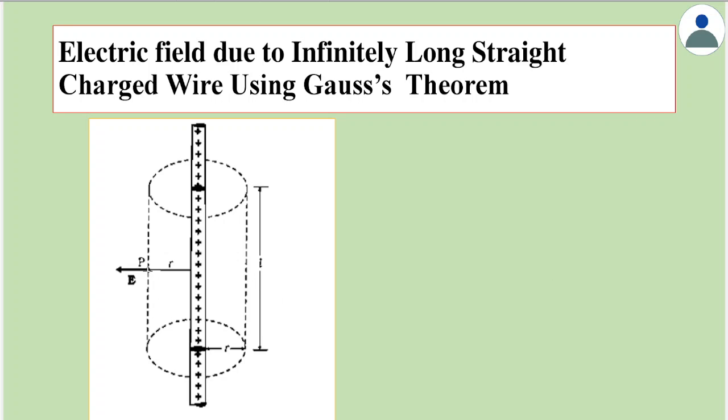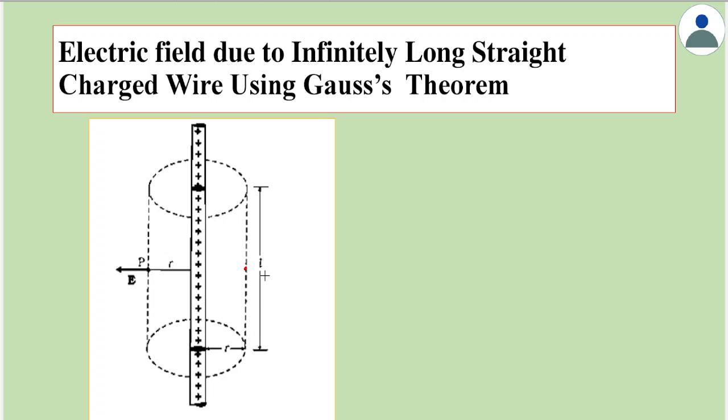Imagine that at this point P or somewhere here, we need to find the electric field. So we need to take a cylinder of a given length, because recall that this wire is infinitely long. So we should take a cylinder of a certain length only.